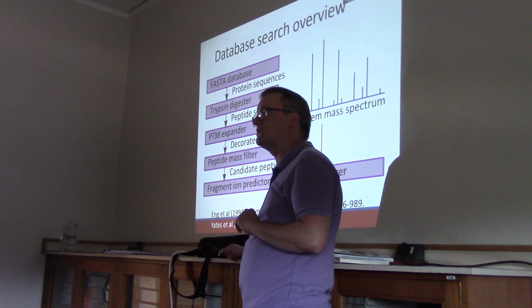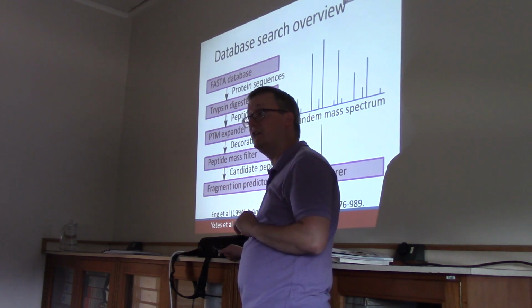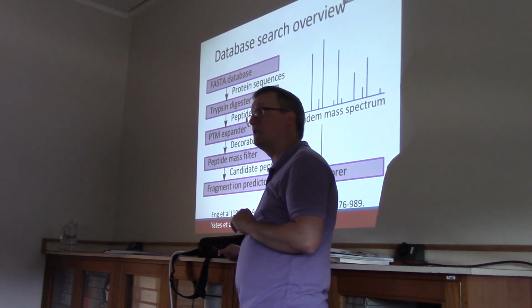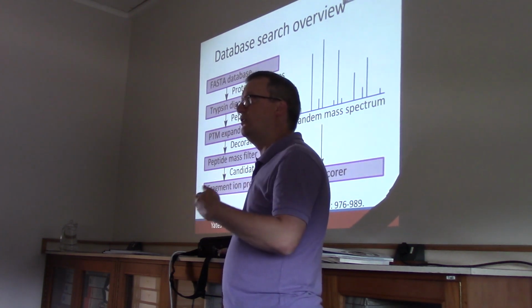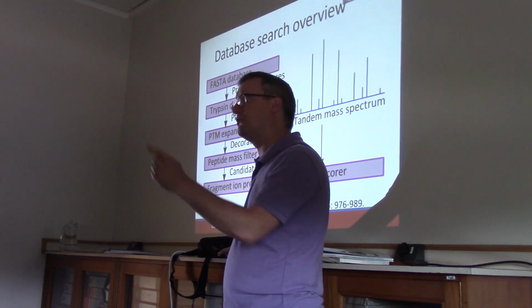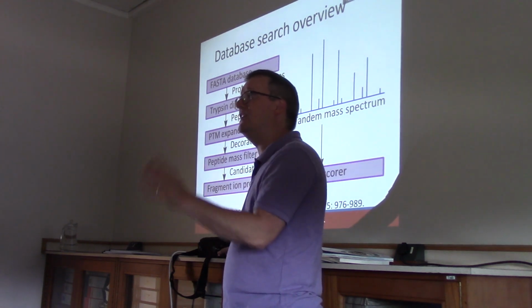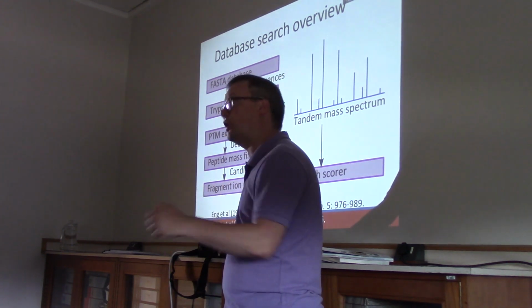Do you remember the dashed green line in the tandem mass spectrum a couple slides back? That is a precursor mass to charge ratio. So generally speaking, we know the mass to charge so accurately that we're able to tell its isotopes apart and even infer the charge for the peptide.